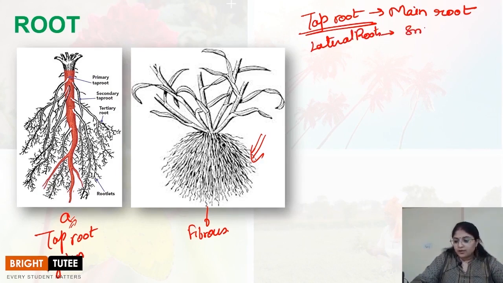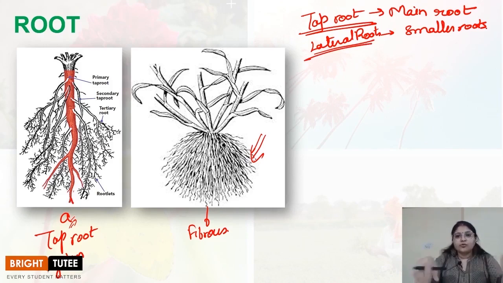These are the smaller roots. As you can see in this image also, this red colored root is the taproot, the main root, and then you have the smaller roots called the lateral roots. This system where you have a main root and then the lateral roots is known as the taproot system.